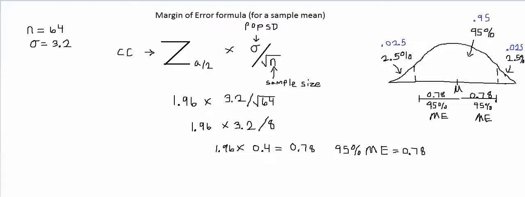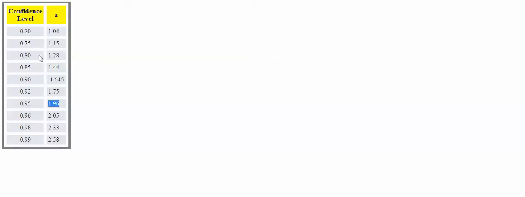Well, if you wanted to do that, we would just have to switch our confidence coefficient. Instead of using the 95% coefficient like we did here, we would use the 80% coefficient. So let's go back to our table. If I want the 80% margin of error, I need to use 1.28 as my confidence coefficient.